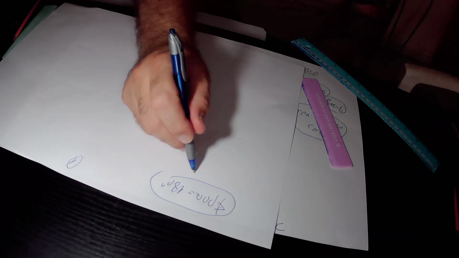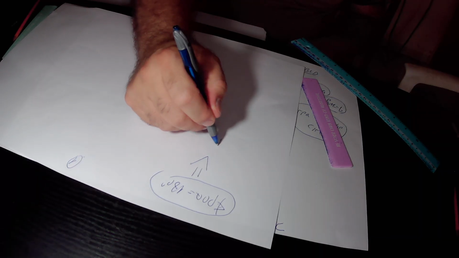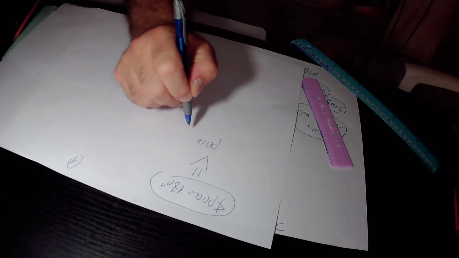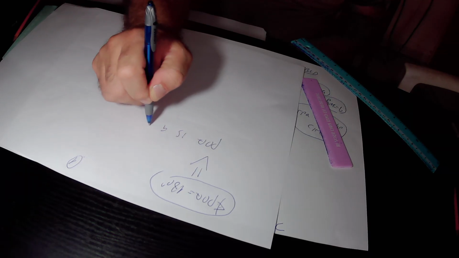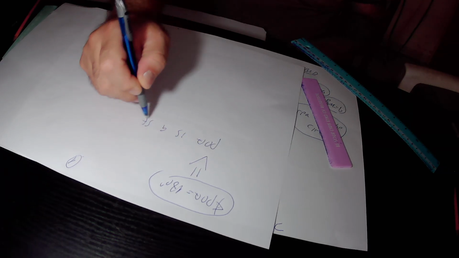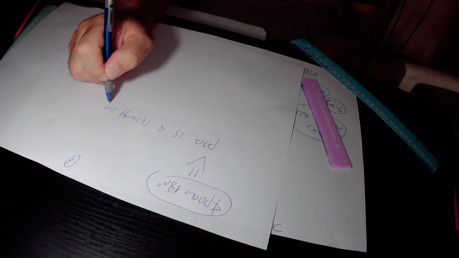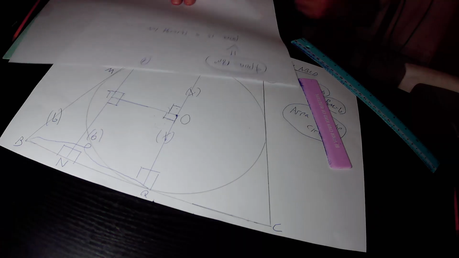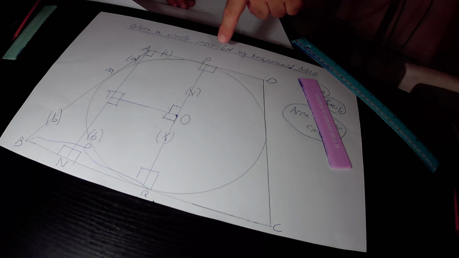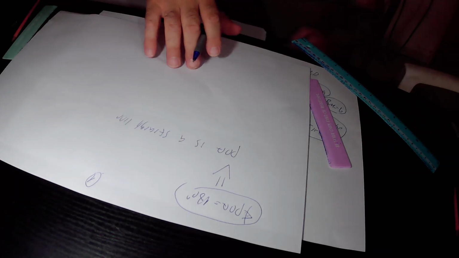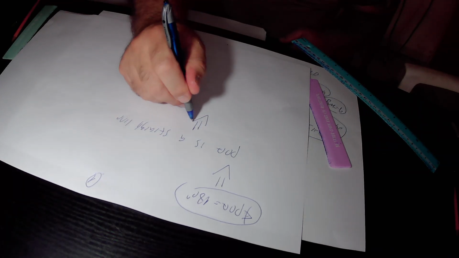Okay, POQ is a straight line. So if POQ is a straight line, it means that PQ is also a straight line. PQ is a straight line.